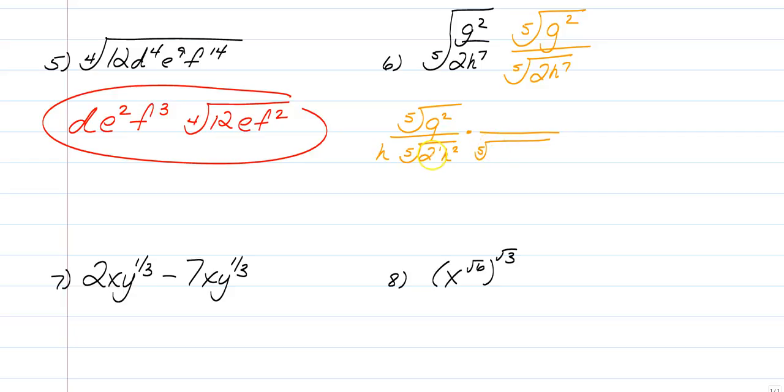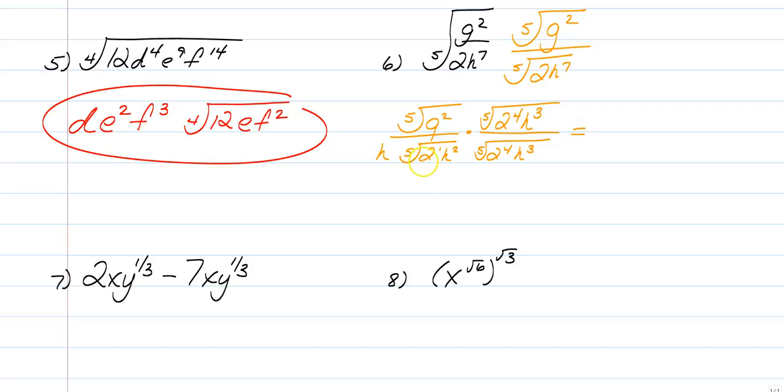So we have 2 to the 1st power. How many more 2's do we need to give us 5? The answer is 4 more. We have h squared. How many more h's do we need to give us a power of 5? And the answer is 3. So we need to multiply both the top and bottom by the 5th root of 2 to the 4th power times h cubed.